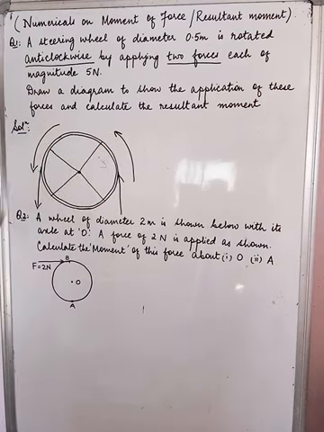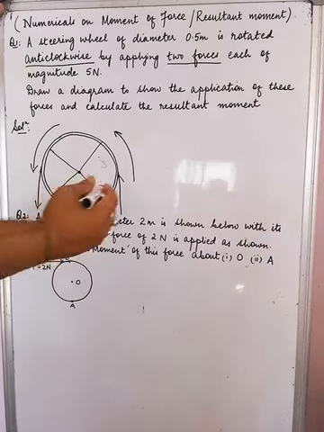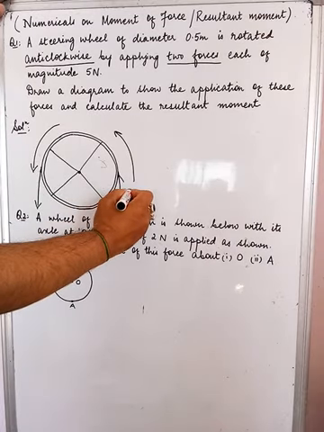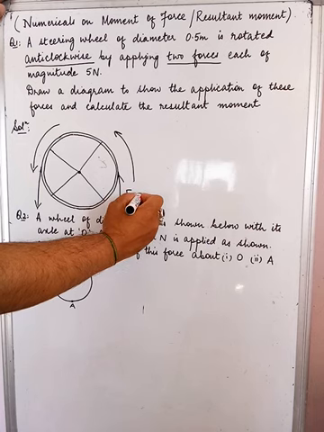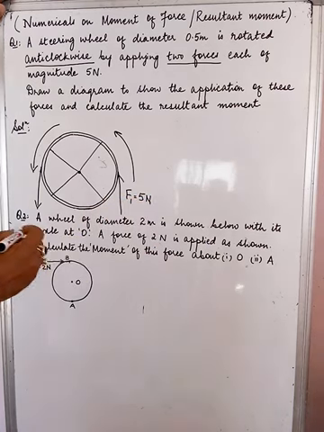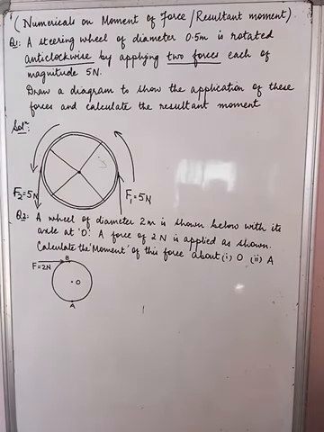Only then it will rotate in an anti-clockwise fashion. So we have the first force F1. The magnitude of this force, as we already know, is 5 Newton, and this is the second force that they have talked about, and the magnitude is 5 Newton in this case also.